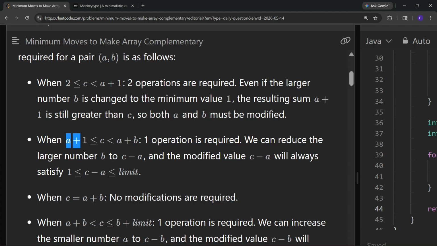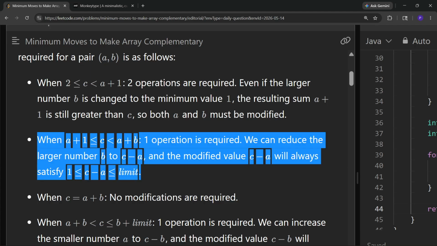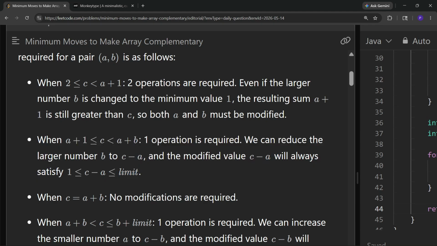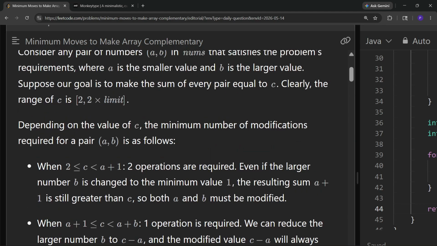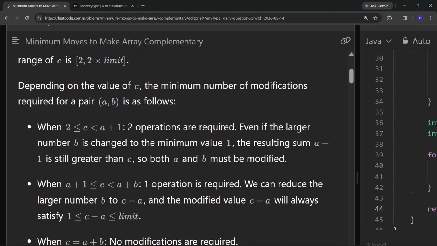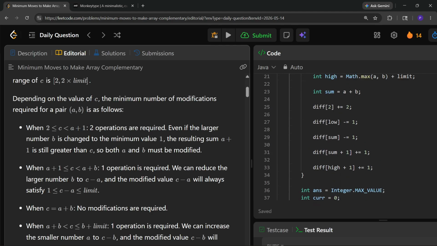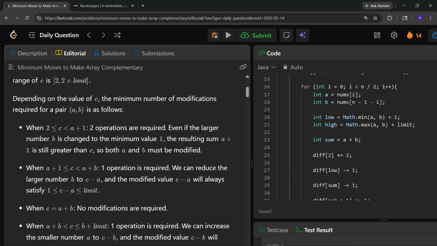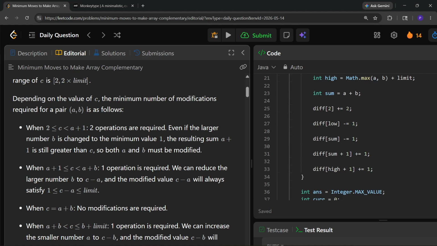So when the smaller number plus 1 is less than or equal to the required sum, and that is less than or equal to a plus b, but a plus b is a fixed number, is it not? It's just the sum of both the numbers.